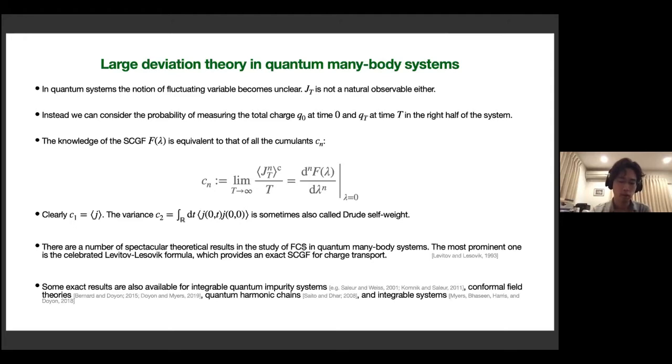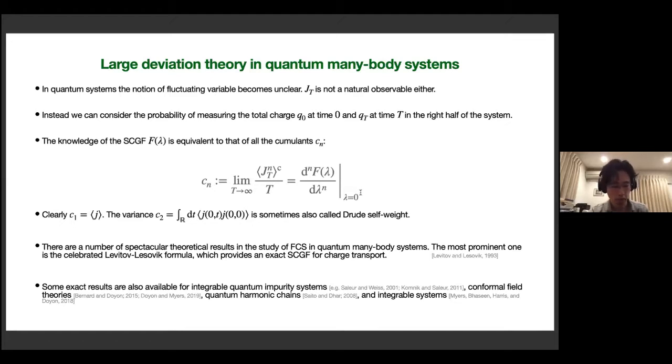Okay, so just let me quickly mention that in quantum cases, there are a number of spectacular theoretical results in the study of full counting statistics. Of course, I'm not saying that in the classical cases there are not as many interesting results as in the quantum case. I'm not saying that.